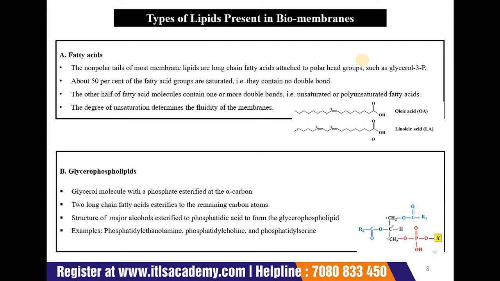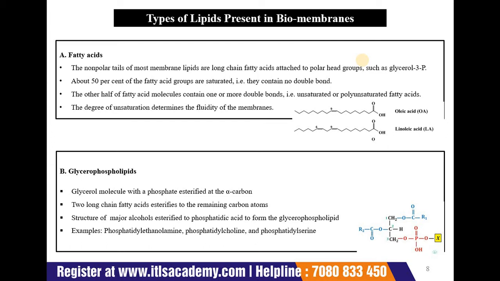Now we have another type of lipid, which is glycerophospholipids, another group of major components of biomembranes. Here there is a glycerol molecule with a phosphate esterified at the alpha carbon atom. Then you have two long-chain fatty acids which are esterified to the remaining carbon atoms. And there is a structure of major alcohols which is esterified to phosphatidic acid to form glycerophospholipids.